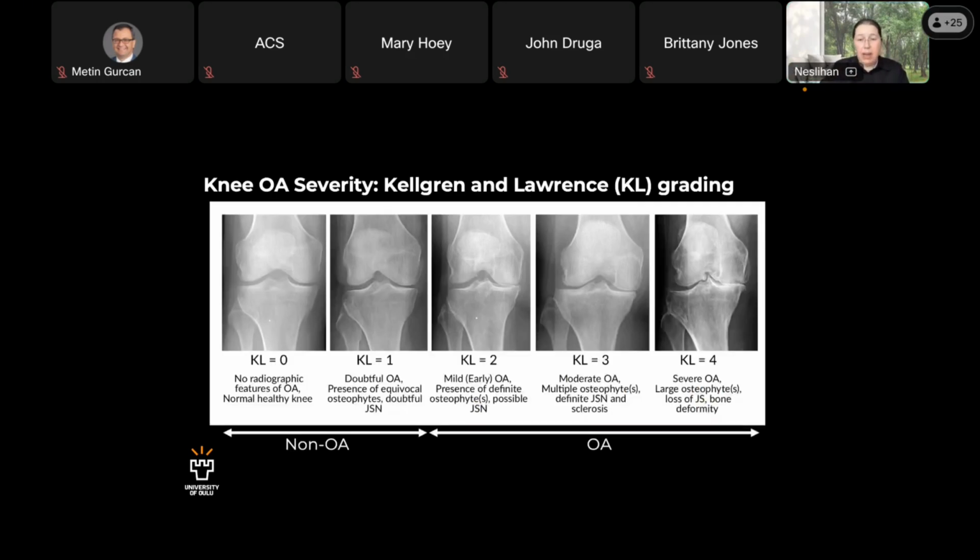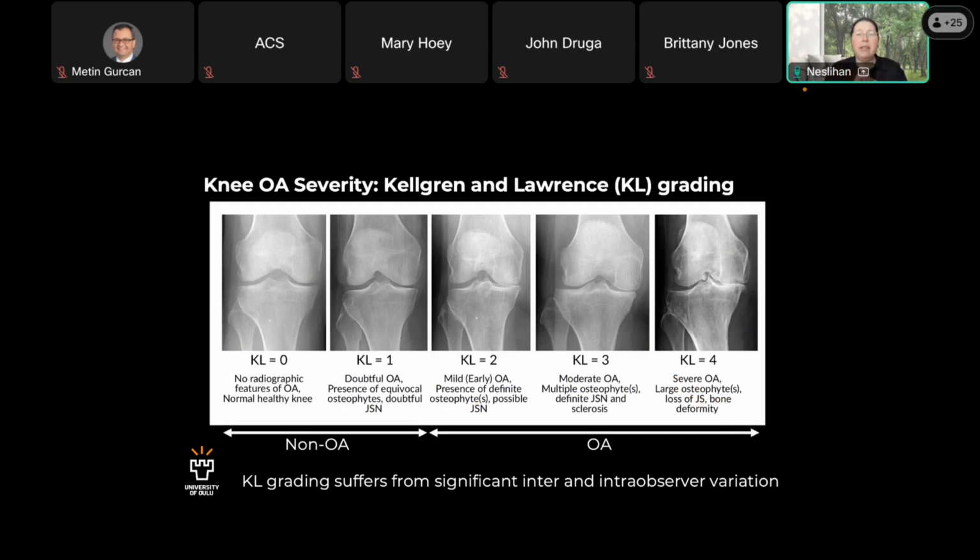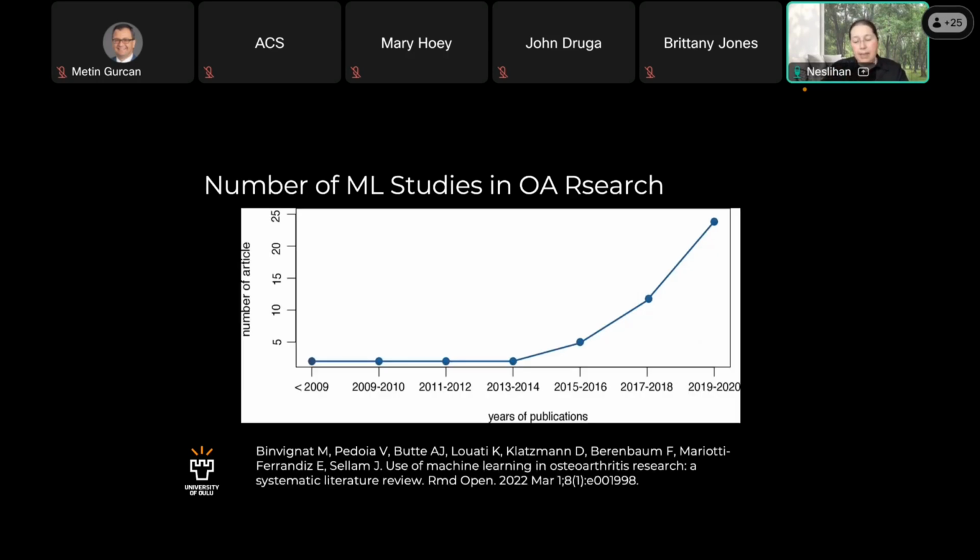In clinical practice, the severity from knee radiographs is evaluated based on Kellgren and Lawrence grading. The grade is from 0 to 4, increasing as the severity of OA increases. The main problem with this kind of grading system is that it suffers from significant inter- and intra-observer variation. Recently, the number of machine learning studies in OA research has grown exponentially.